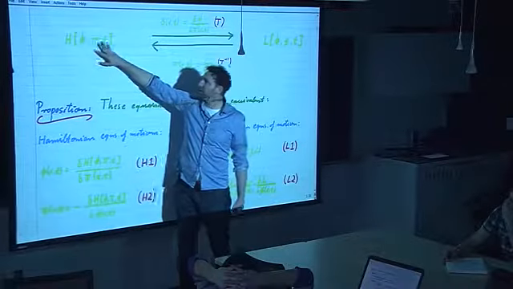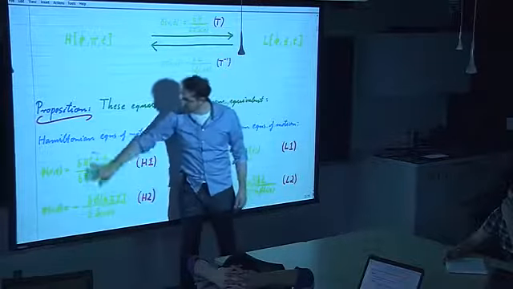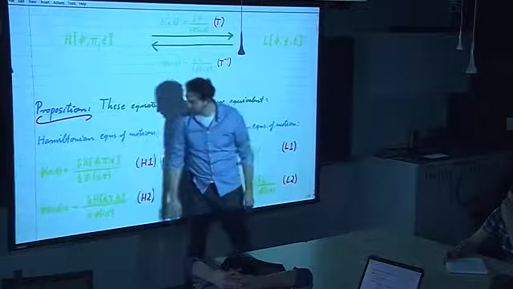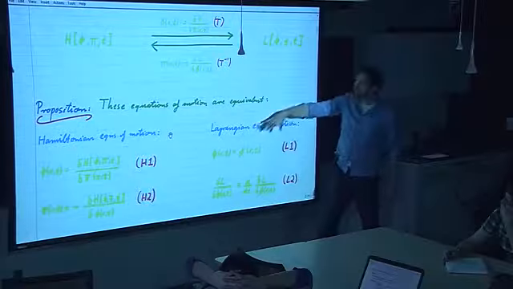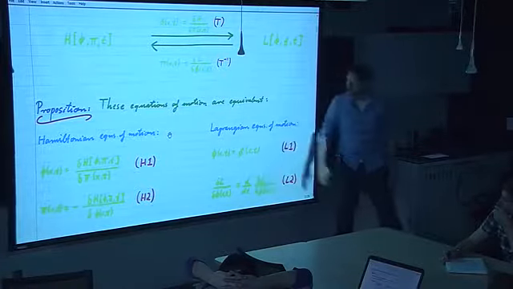The proposition now is that the Legendre transform, when applied to a function H, which is actually a Hamiltonian, with these equations of motion, namely that phi dot is dH by d pi and pi dot is dH by d phi, then after the Legendre transform, these equations of motion become those equations of motion.